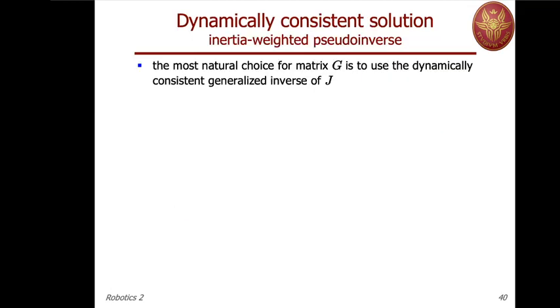Now, among the possible choices of the matrix G, it is suggested to use the so-called dynamically consistent generalized inverse of J, which is nothing else than an inertia-weighted pseudo-inverse.